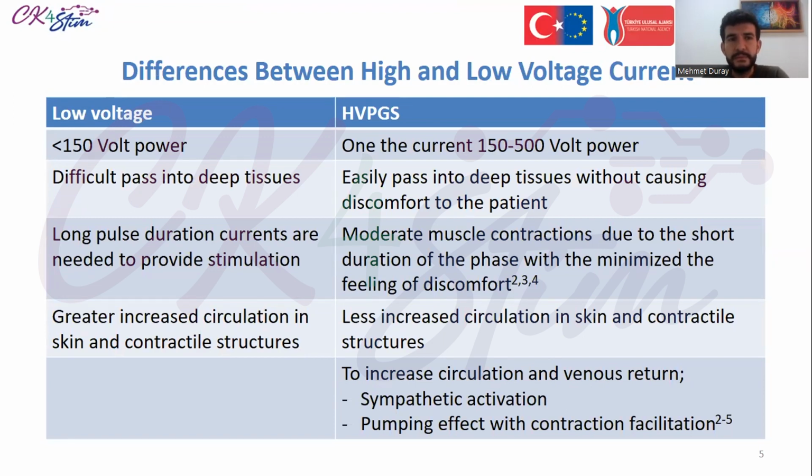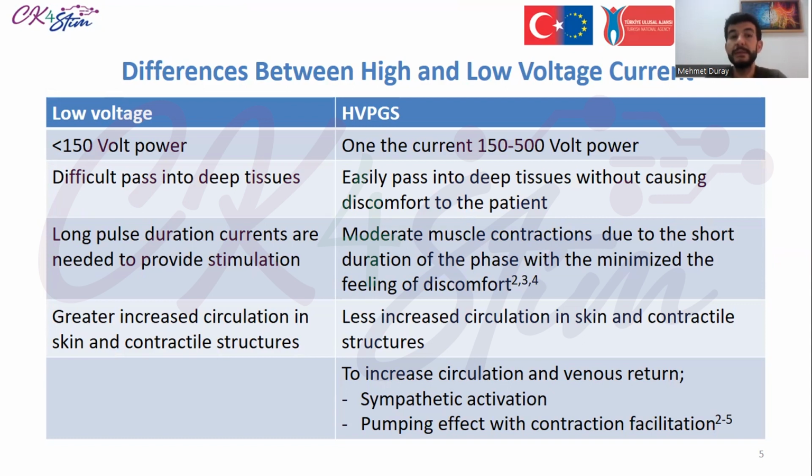Now let's discuss the difference between low voltage and high voltage currents. Low voltage currents are currents under 150 volts, and high voltage currents are above 150 volts. High voltage pulse galvanic stimulation has a power between 150 and 500 volts.